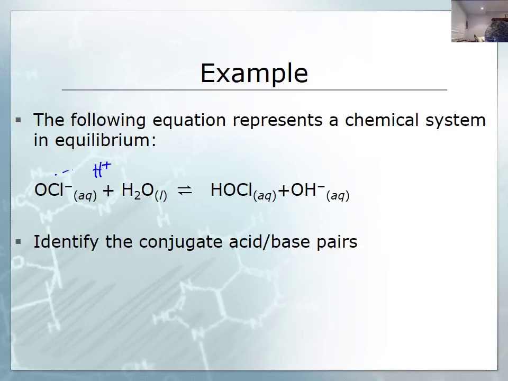It can't be transferred this way because there is no hydrogen here, so it must be transferred this way. That means the water is acting as the acid and the OCl- ion as the base. The base has accepted a proton, so this is the conjugate acid, and the water has donated a proton, so the OH- is the conjugate base.